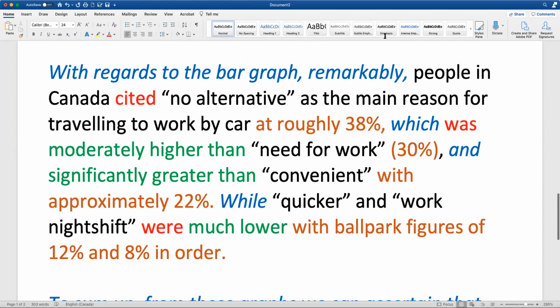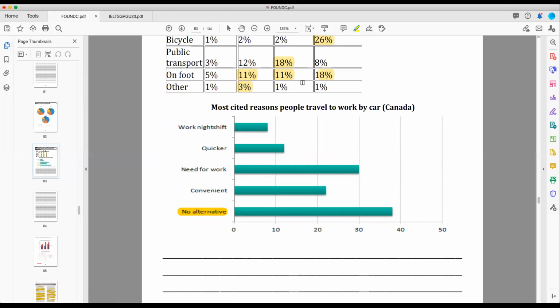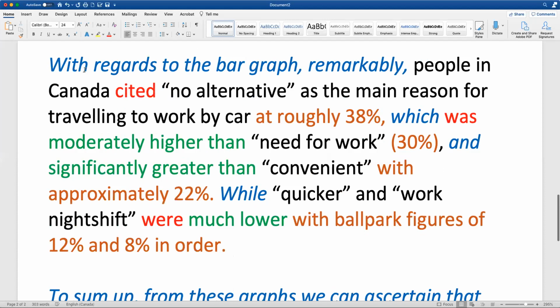Okay, so after that, we talked about this bar graph. All right, so go ahead, Michelin. With regard to the bar graph, remarkably, people in Canada cite no alternative as the main reason for traveling to work by car at roughly 38%, which was moderately higher than need for work, 30%, and significantly greater than convenience with approximately 22%.